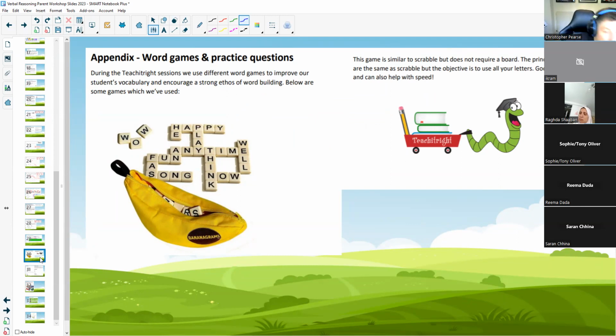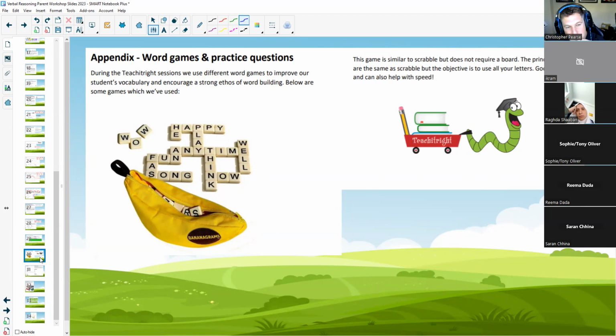One is Bananagrams. I've got one here, which I think they do now in pears and apples and things like that. But the idea, it's a bit like if you've ever played Scrabble. It's like Scrabble, but without a board. And children choose, I think it's about 21 letters each. And the idea is that they have to make as many words as they possibly can.